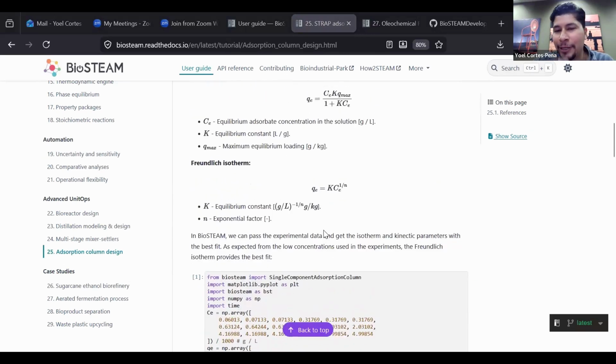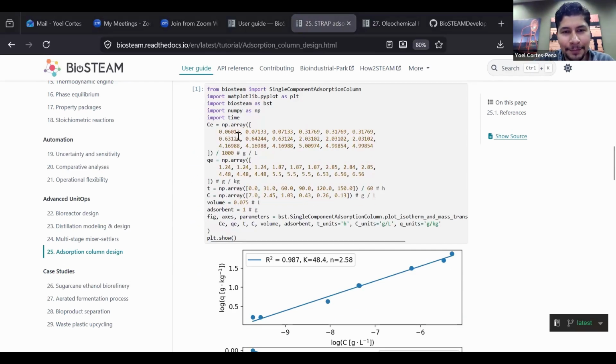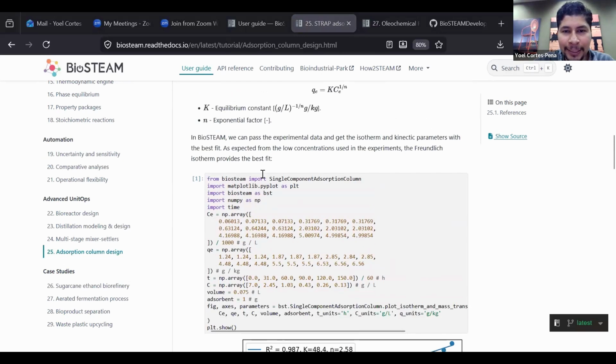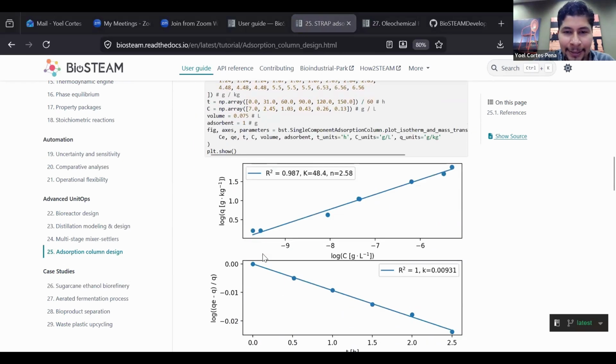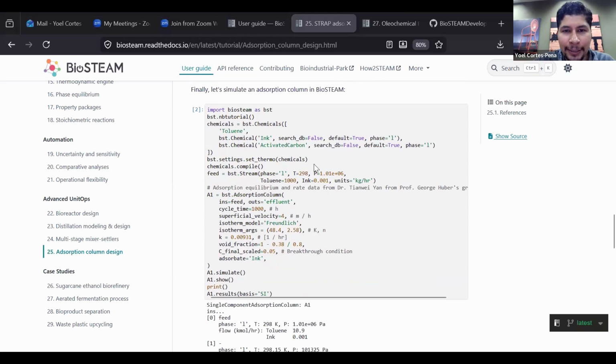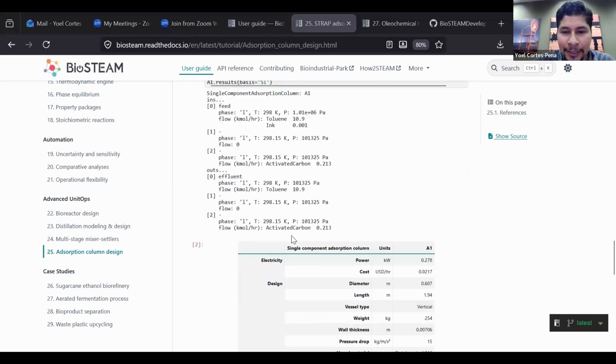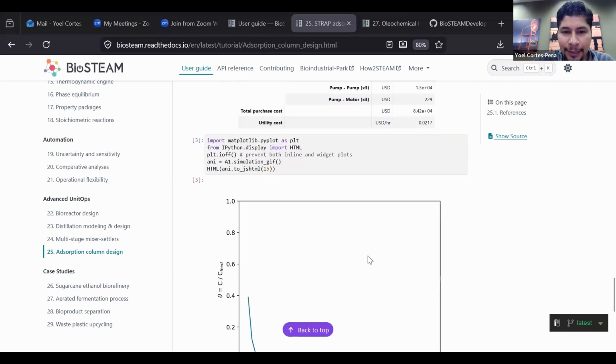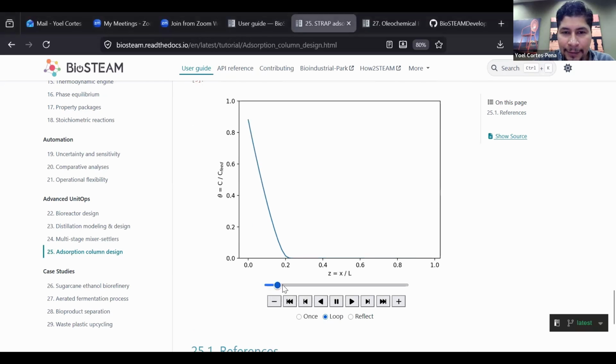But you just need to change the parameters and it can be used for any process, right? So in this first one here, we're fitting data. This is more explanation on how the bed is sized for the adsorption column. Here we simulate the adsorption column and get all the results. And here we have the profile of the adsorption column through the length of the bed.